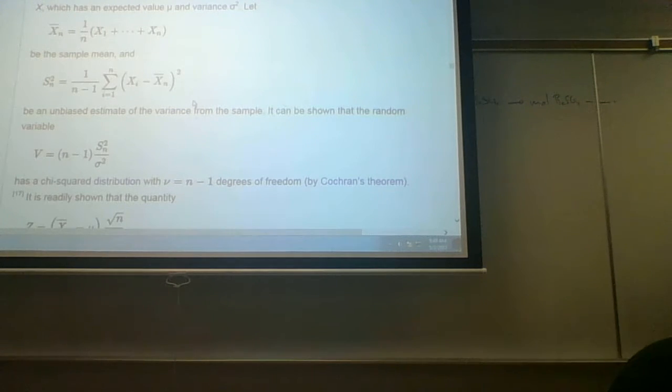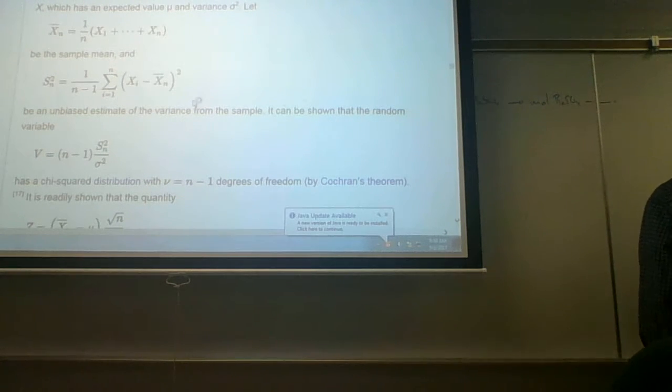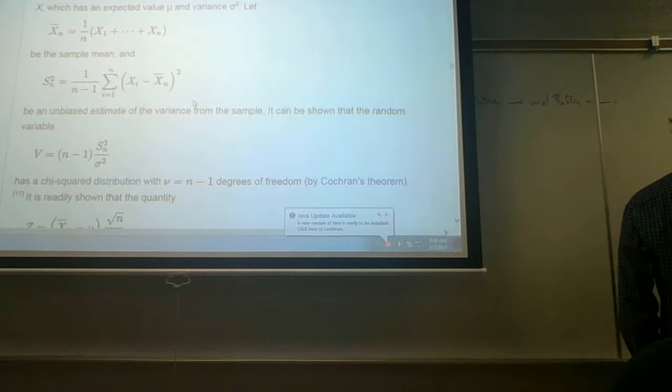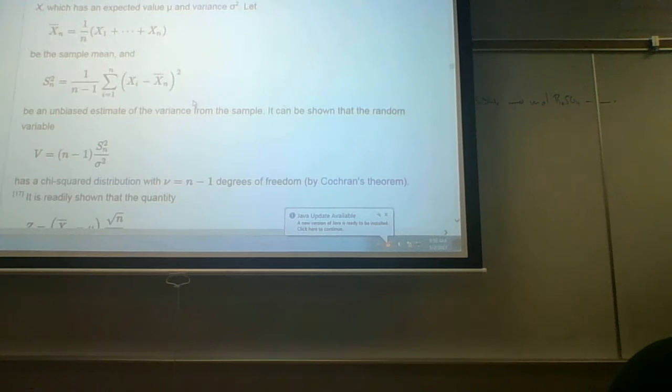Here xi would be the first, so x1, which is 47 minus 67, squared. So we have 47 minus 67 squared, plus the next term, x2, which would be 87 minus 67 squared, plus the final one, x3, which would be 67 minus 67 squared.